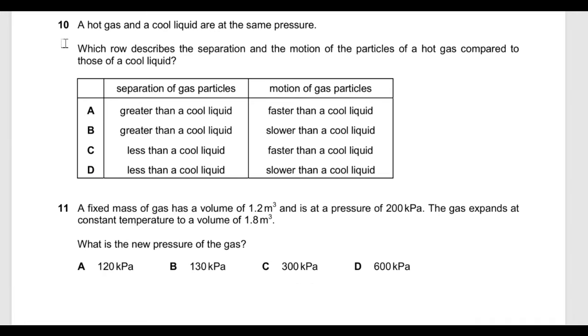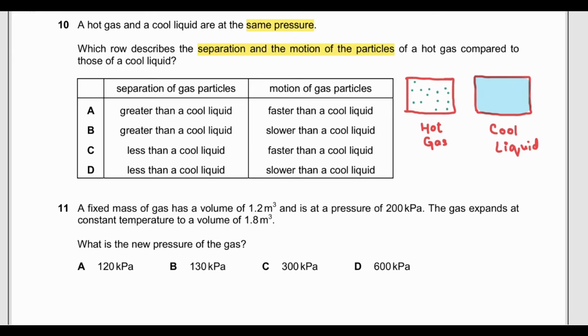Question number 10 says a hot gas and a cool liquid are at the same pressure. Which row describes the separation and the motion of the particles of hot gas compared to cool liquid? So we have a hot gas and a cool liquid, and both have the same pressure.